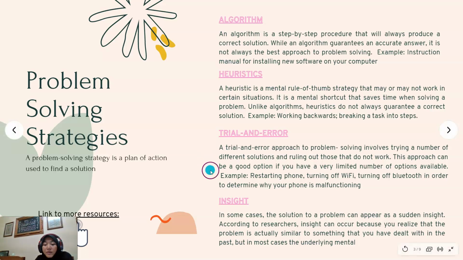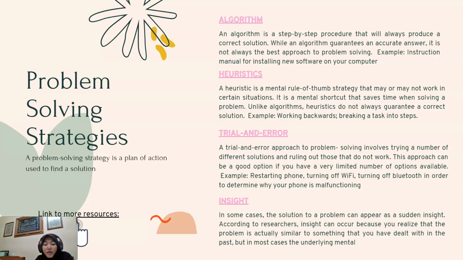So this approach can be a good option, but if you have very limited time or a very limited number of options available, it is not advisable to do trial and error. For example, you have a restarting phone. So turning off Wi-Fi, turning off Bluetooth in order to determine why your phone is malfunctioning.